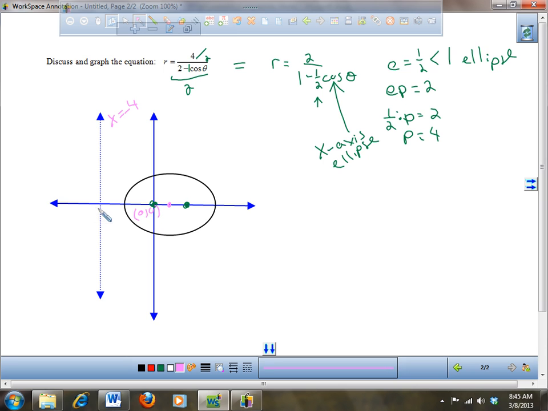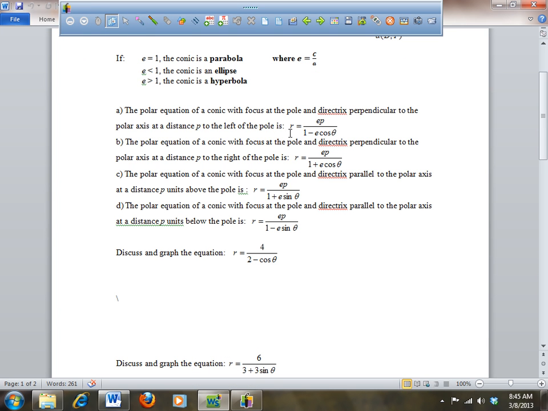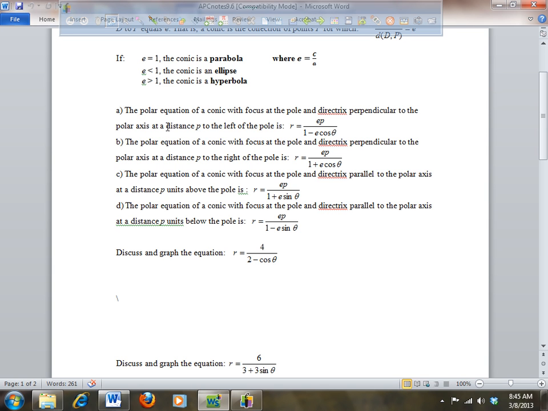Wait, how do you know it's to the left? Because this looks like this, right? The polar equation of a conic with focus at the pole and directrix perpendicular to the polar axis, at a distance p units to the left of the pole. If it looks like a sine one, then it's going to be parallel to the polar axis, okay?